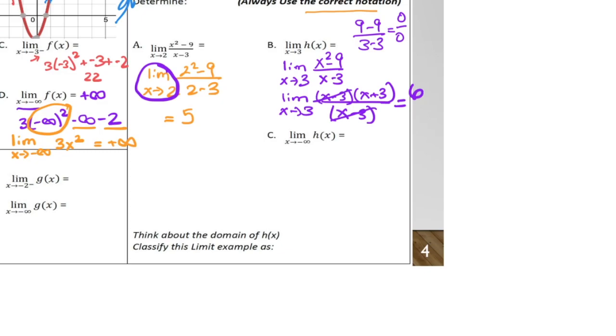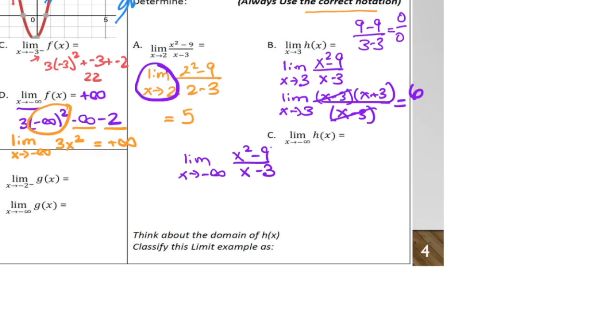Now let's focus on question C. The limit as x goes to negative infinity for h of x. That, when we think about it, is the limit as x goes to negative infinity, so that's your left tail, of x squared minus 9 over x minus 3. All right, so once again, let's think about what's actually happening with this function. The x squared minus 9 is a quadratic. The x minus 3 is linear.